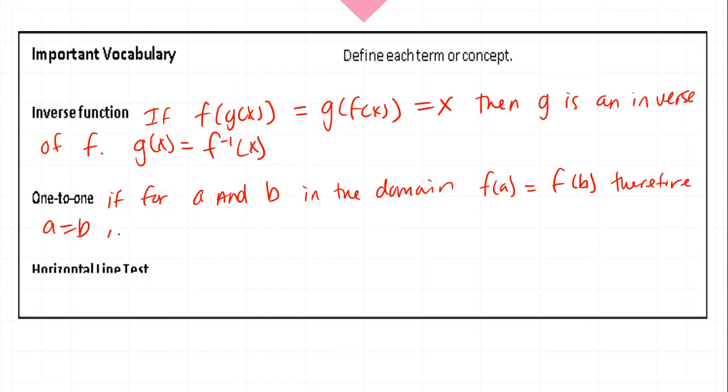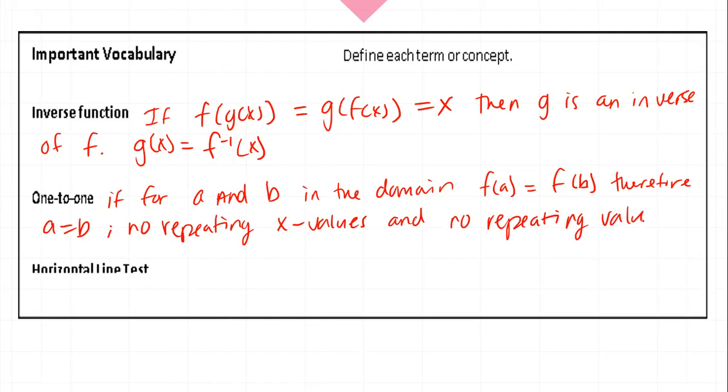The reason being is no repeating x values and no repeating y values. So if a and b have the same y value, a and b must be the same number. Does that make sense? I like to say a one-to-one function is a monogamous function. For every x, there's only one y, and for every y, there's only one x.